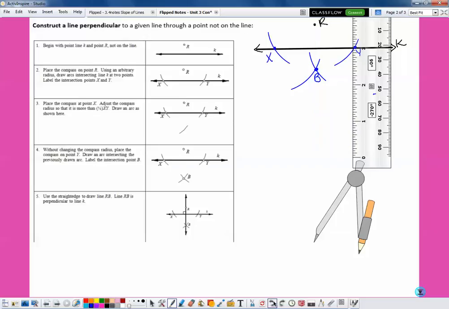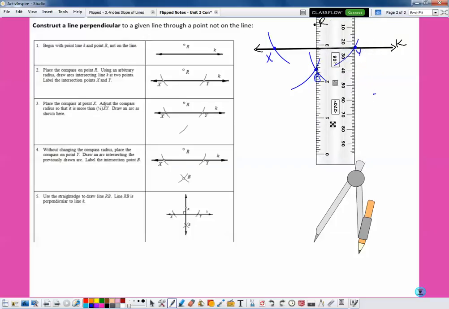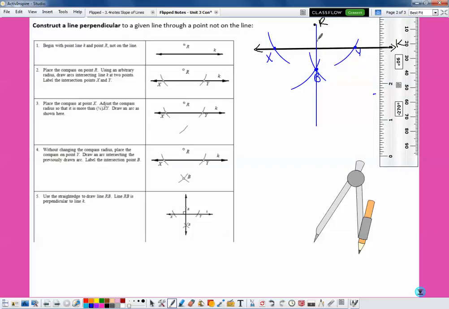Mine's a little off. It's a little bit easier for you guys when you're doing it with paper and pencil. And there is my perpendicular line.